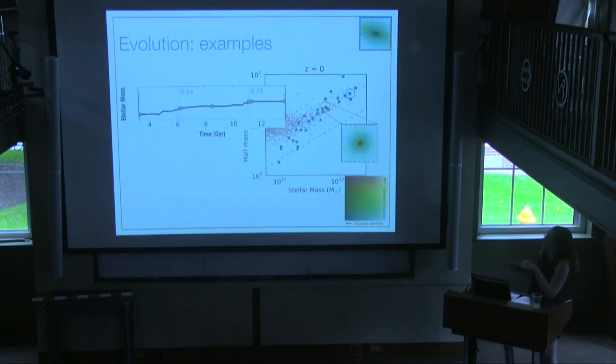Now the stellar mass evolution is a little bit more gradual. We see here these vertical lines indicate that the galaxy had a merger with another one, and this is the mass ratio. So these lines tell us that at two points in this galaxy's history, it had a merger with a galaxy that was about 75% of its mass.